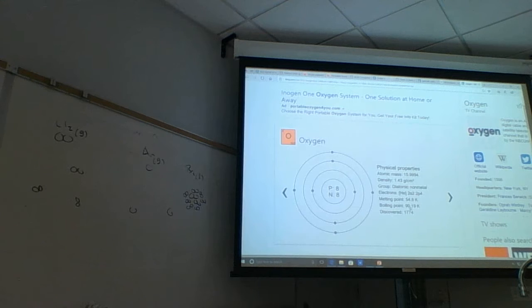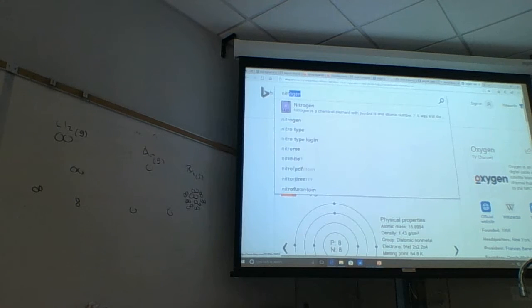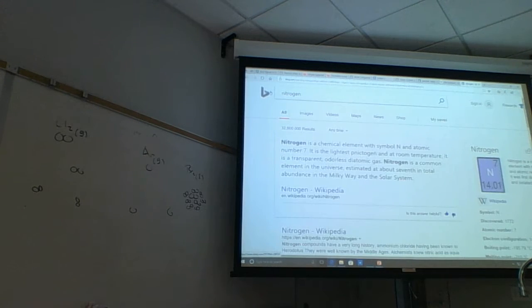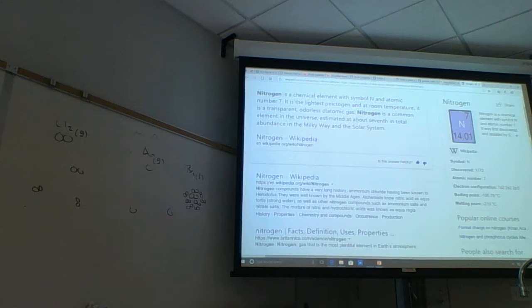Nitrogen is a little bit higher. Nitrogen's boiling point, okay, they did that in Kelvin, and this is in Celsius. So add 273 to that, and then you get nitrogen. Or subtract 273 from the other, and you get oxygen's.